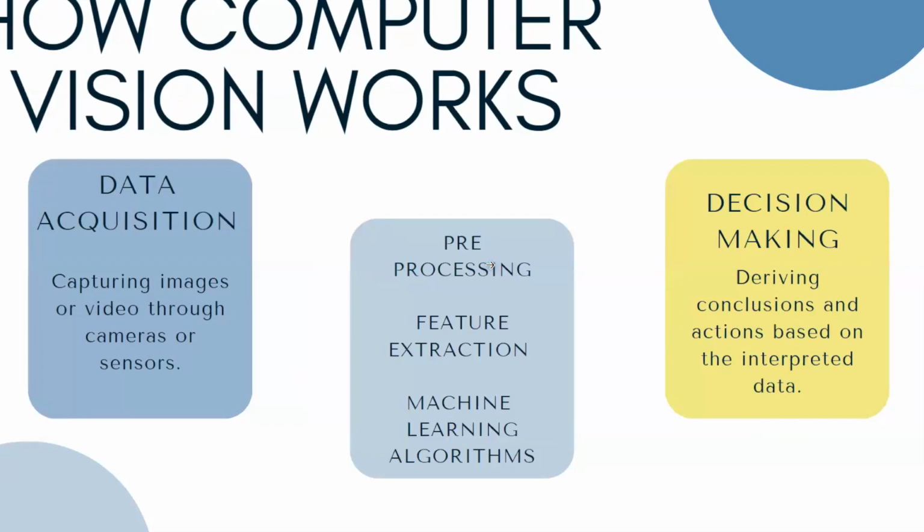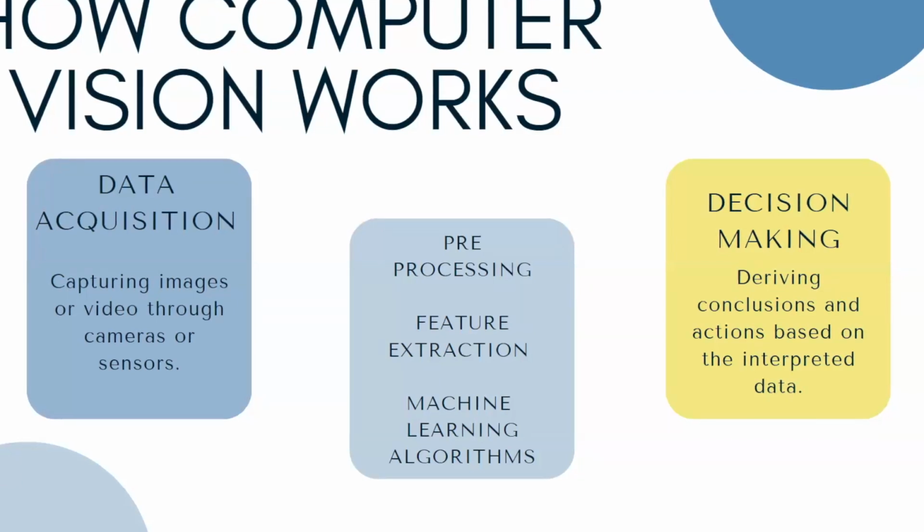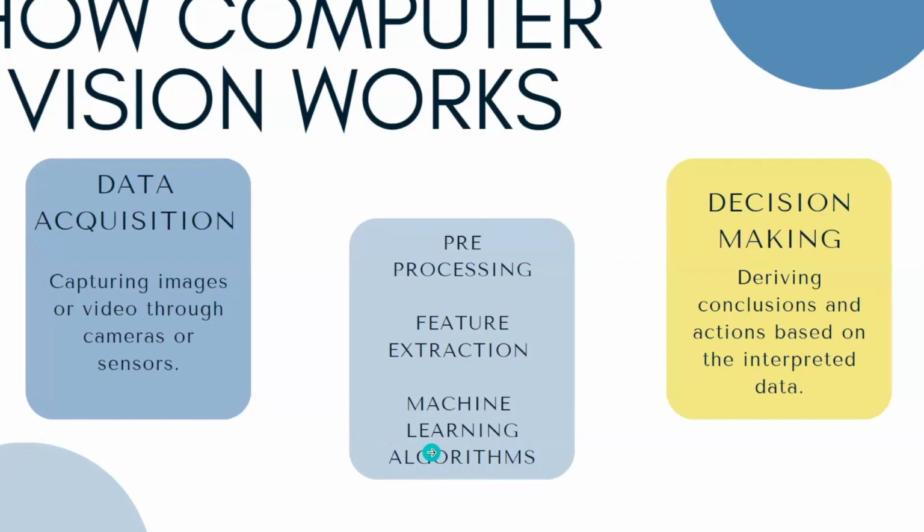The pre-processing was the one I explained, where we maybe move the object around, or change the colors just to give it a different tone. Then we have feature extraction, where we identify key concepts or objects in our images. And then we pass it through our machine learning algorithms to extract the information and make a decision based on what we are predicting.